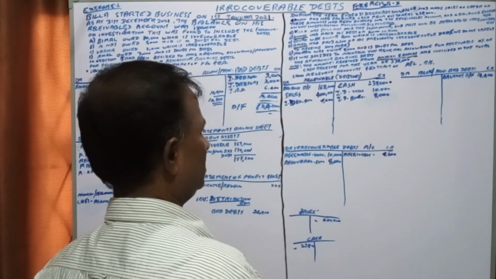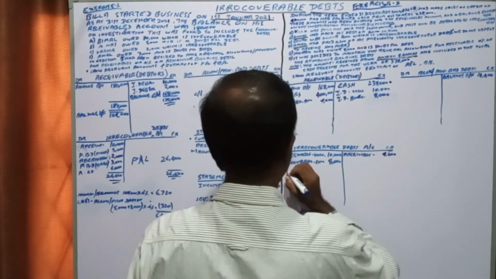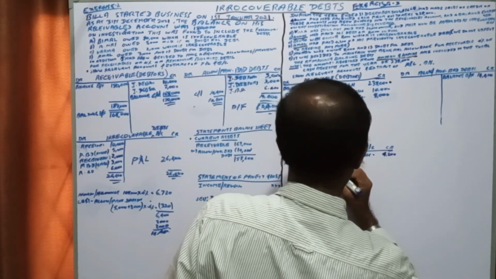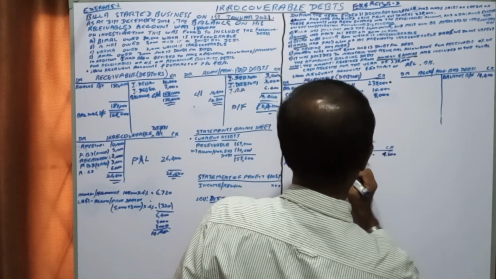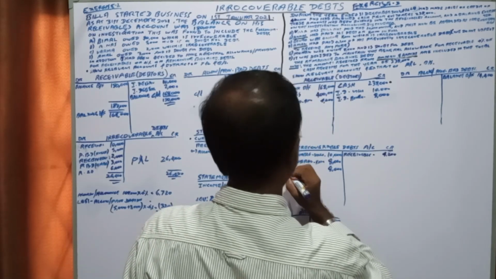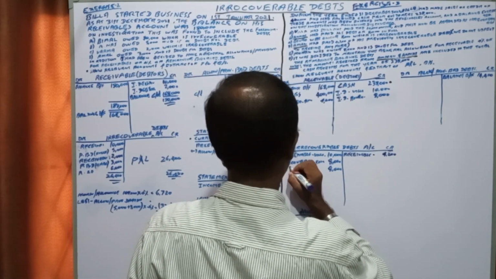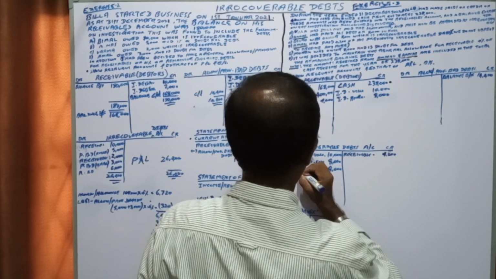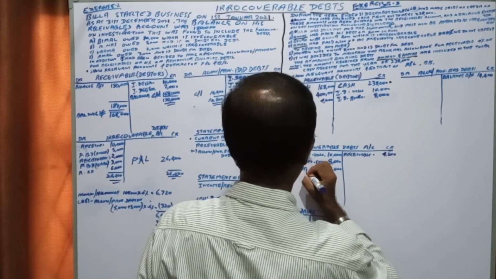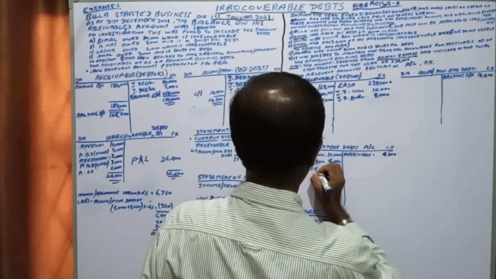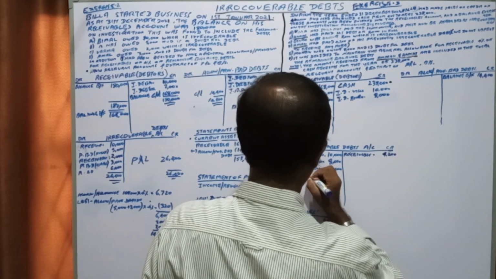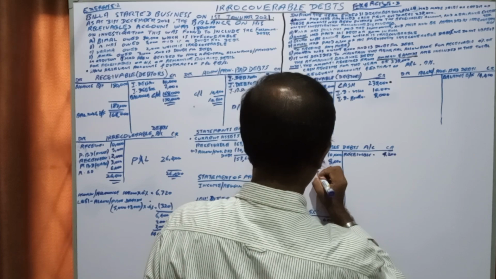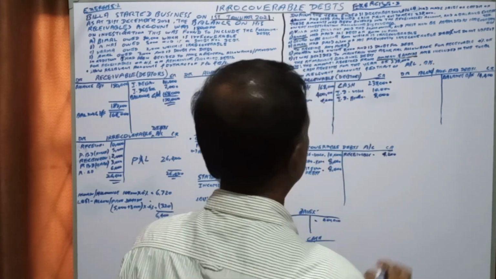Here again, Mohan was owing 8,000 and is a doubtful debt. Doubtful debt in the sense: receivable account debit 8,000, and allowance or provision for doubtful debts account.